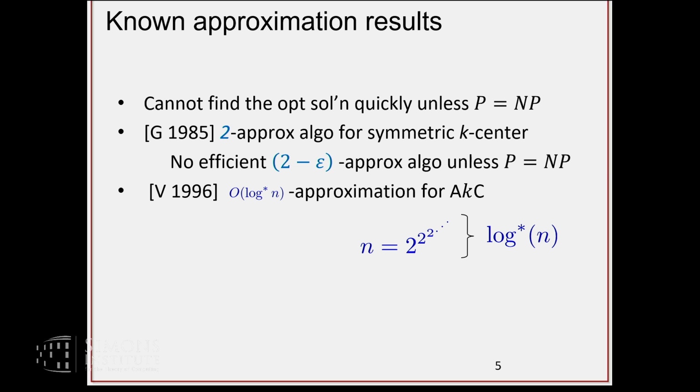Okay, asymmetric k-center, on the other hand, is a bit trickier. The first non-trivial approximation for this problem was in the 90s by Vishwanathan, who showed a log-star n approximation. This is an interesting phenomenon, because when this result came out, everybody thought that for sure there must be a constant factor approximation for this problem, because log-star n is such a bizarre function class.